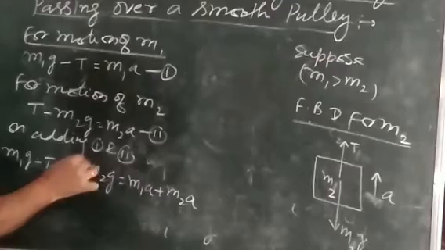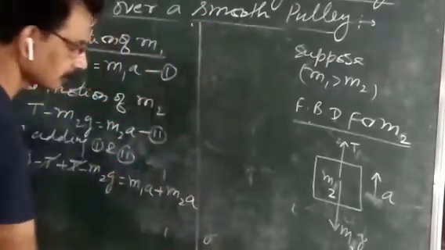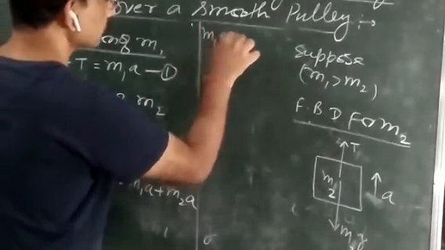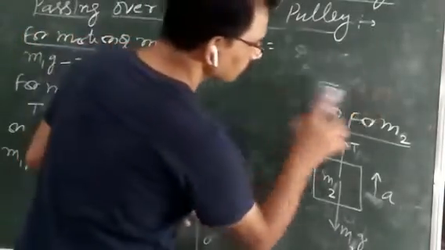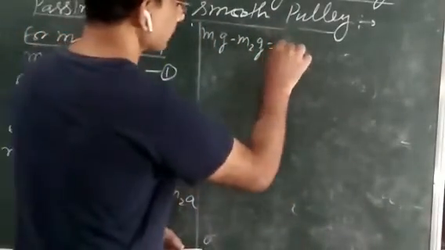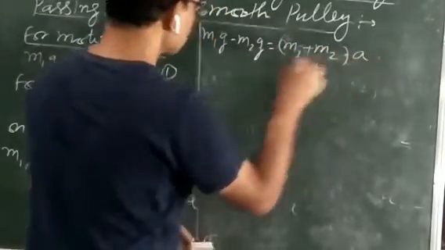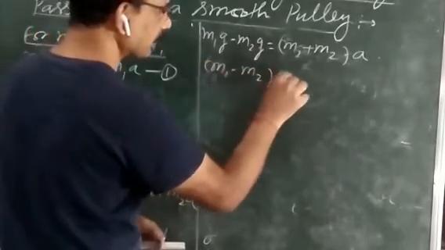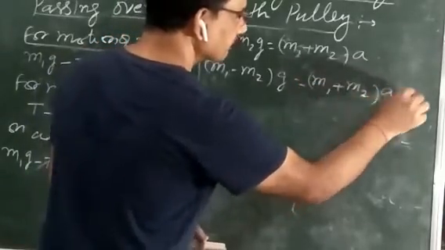Now this plus T is cancelled by minus T. And here you will write m1g minus m2g is equal to, take a common, m1 plus m2 into a, or you can say here m1 minus m2, you can also take g common here, is equal to m1 plus m2 into a.